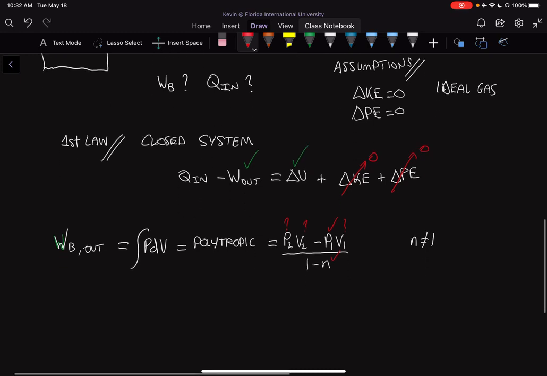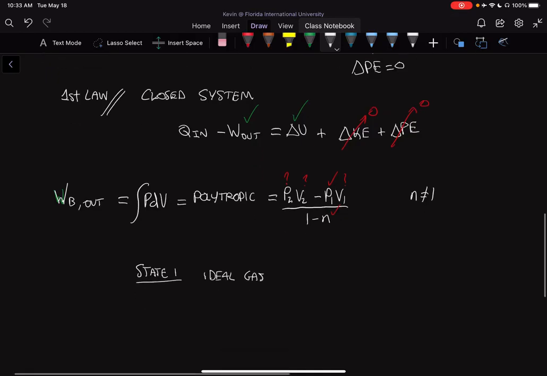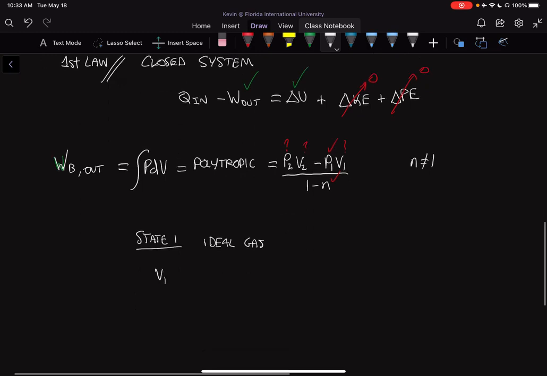Well, we can use the ideal gas equation, right? At state 1, if we use the ideal gas equation, we can find volume 1. So we can say P1V1 is equal to mRT1.